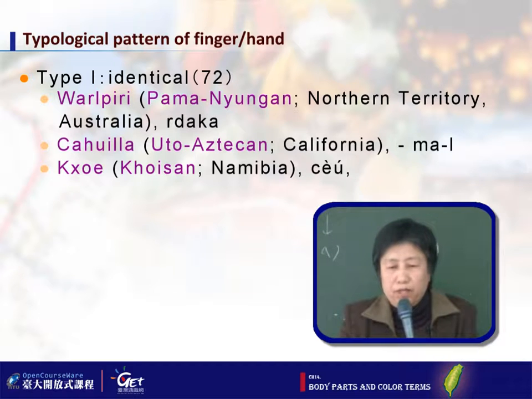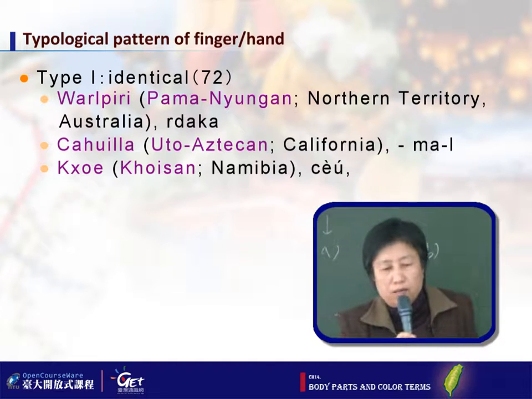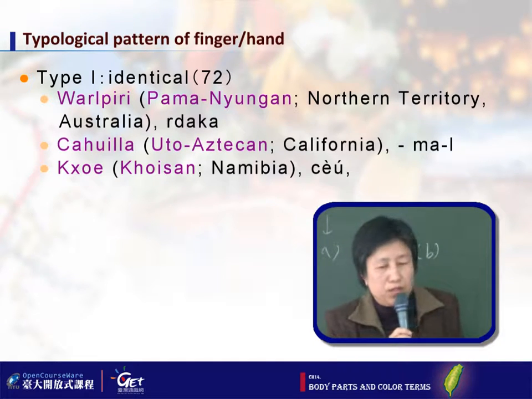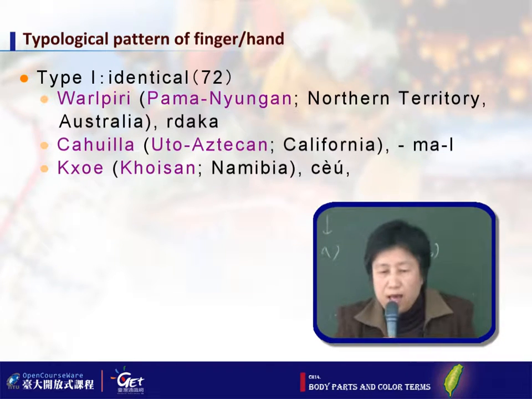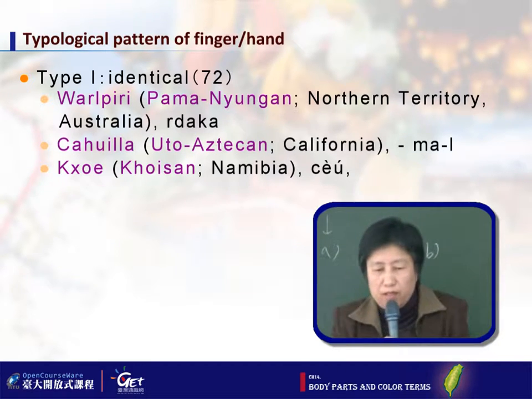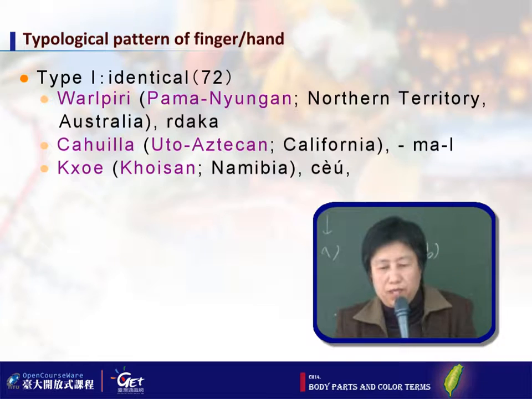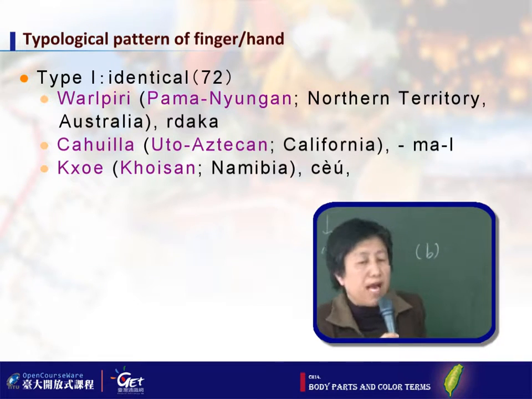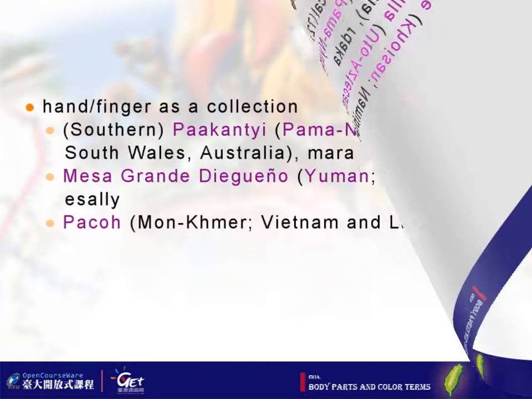Then we find that Warlpiri, an Indigenous language in Australia, uses the same term for finger and hand. Another Indigenous language, Maori, is the same. These are some examples of identical terms for finger and hand.